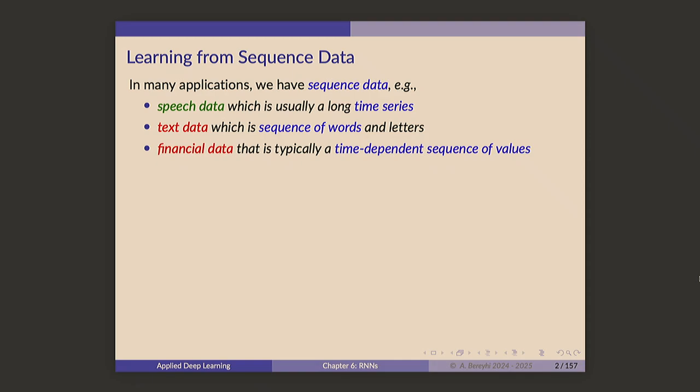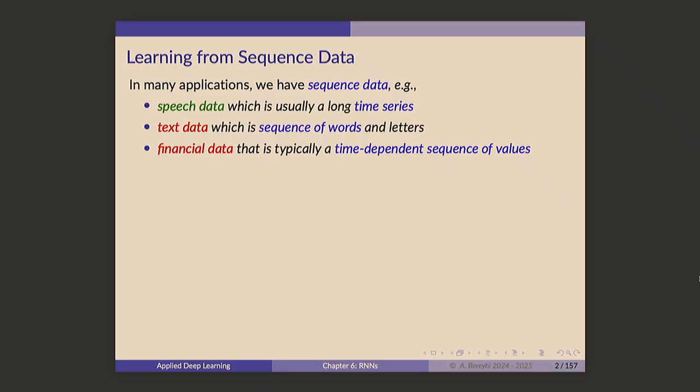Or, for instance, thinking about a video, it's again a temporal sequence, because every single frame is somehow related to the previous frame. It cannot be totally different. So sequence data are actually the main things you see in most applications nowadays.